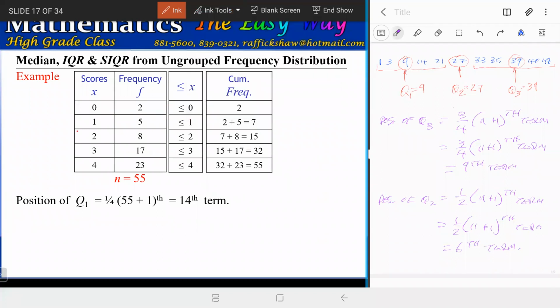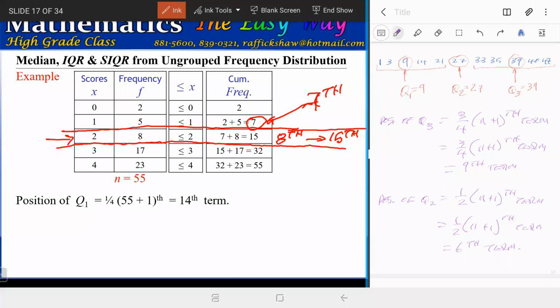Because when you finish here, you'll have 7 terms. So this line consists of the 8th all the way up to the 15th term. Understand that line right here that I'm marking has the 8th to the 15th term, because when you finish up here, you were just at the 7th term. So the 14th term is, as Antoine said, one of the ones inside here.